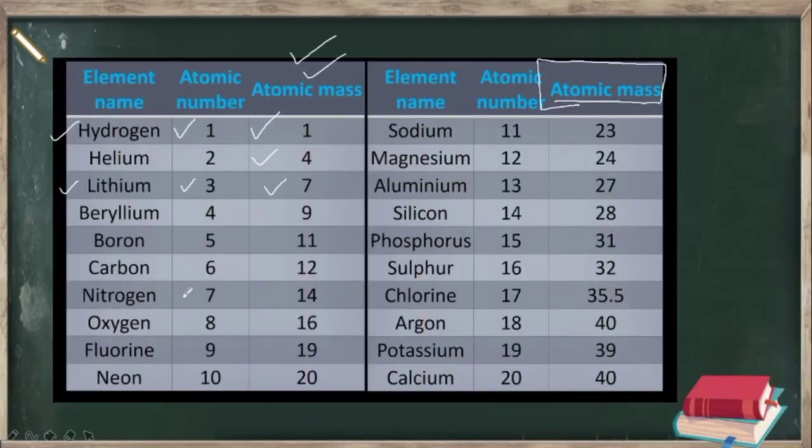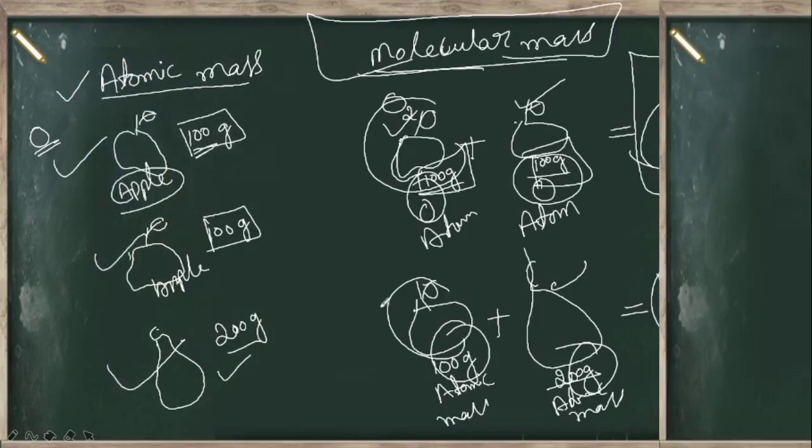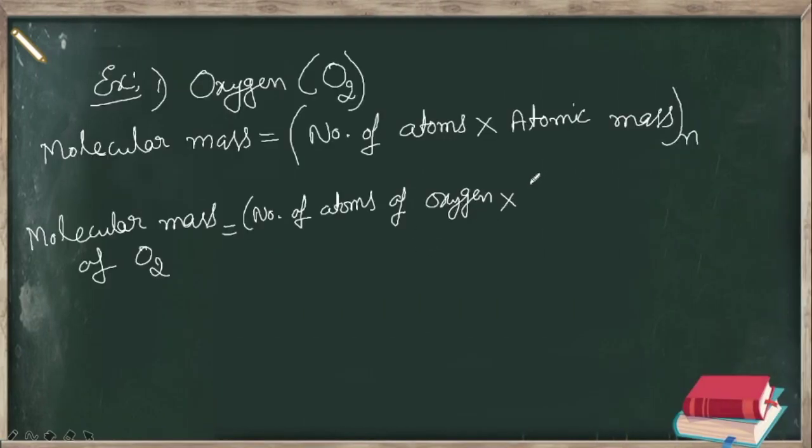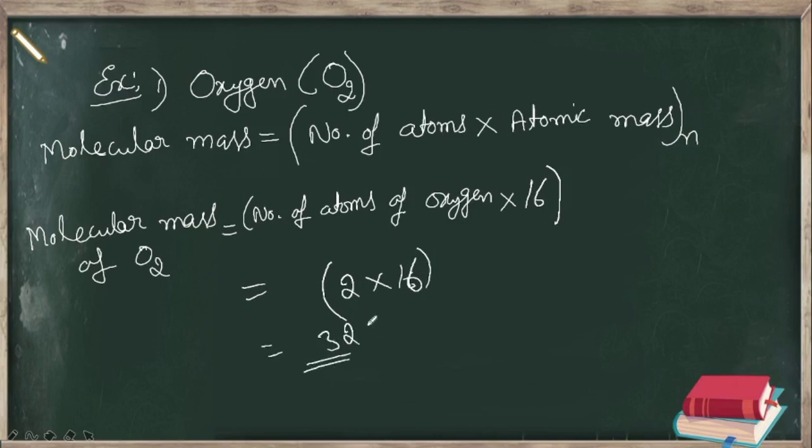Just see here. Oxygen, what is the atomic mass? 16. So now I will take 16 here. Now, how many atoms are present here? It is 2. The atomic mass of oxygen is 16, right? So now 16 into 2, how much? 32. So this is the molecular mass of oxygen.